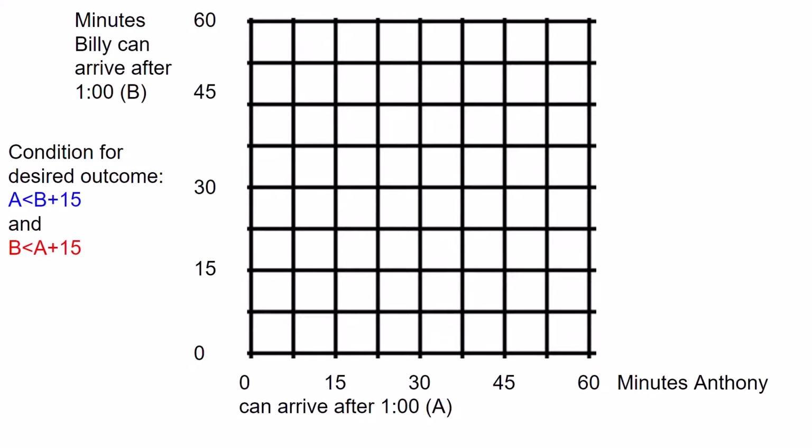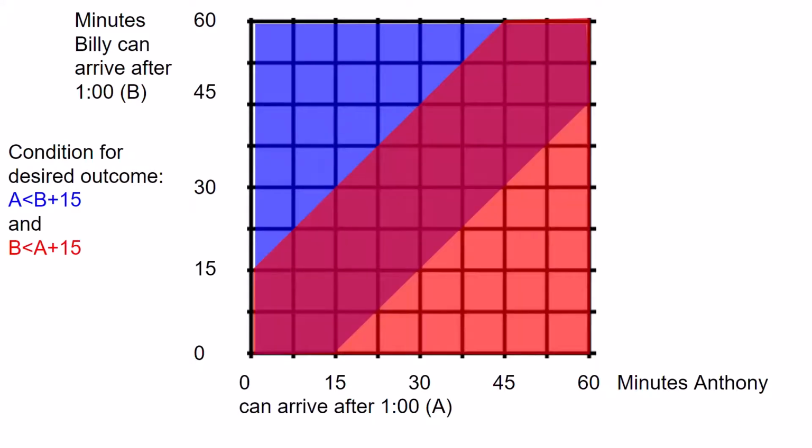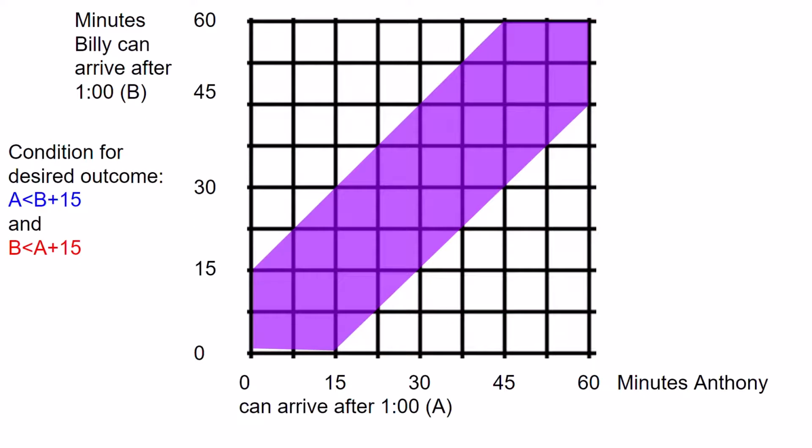Now, if we graph A is less than B plus 15, we'll get the blue region, and B is less than A plus 15 results in the red region. The purple region is the area that meets both of the requirements, and this is our desired area.